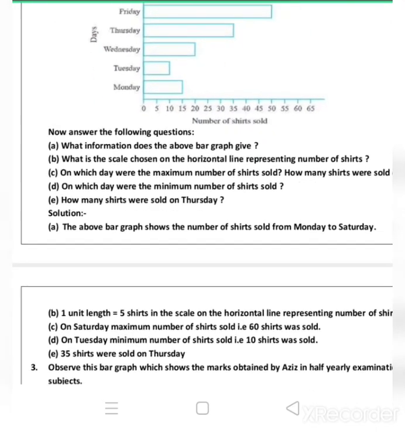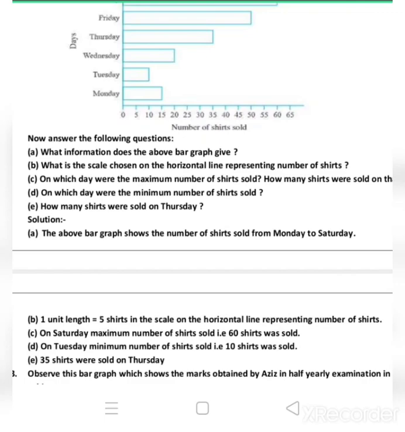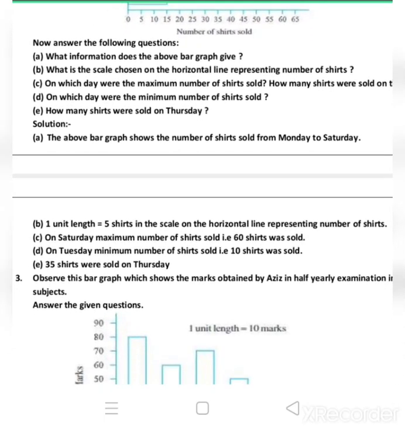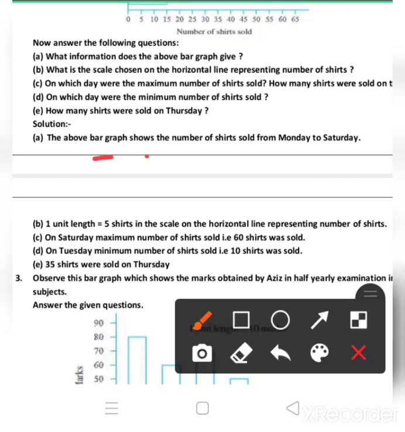Now solve your question. Question number A is what information does the above graph give? The information given by the graph is that the above bar graph shows the number of shirts sold from Monday to Saturday.